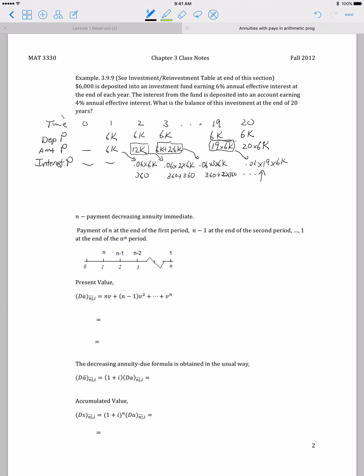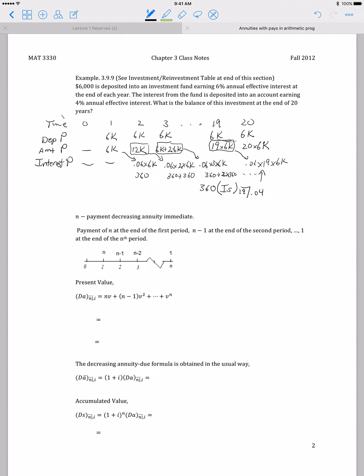So this is an arithmetically increasing annuity. 360 is the first payment, and there are 19 of these deposits, and I'm using 4% to accumulate them. So that's how it would add up how much the interest payments have accumulated to in this second fund at time 20.